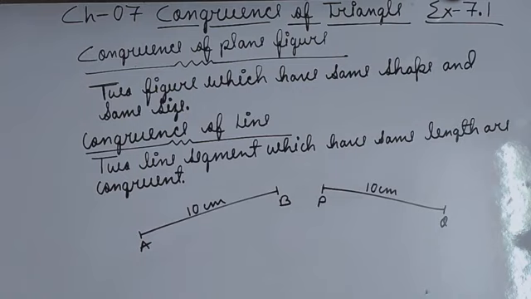I gave you examples of 10 rupees notes and coins, and of 10 rupees notes and 100 rupees notes, and why they are not congruent, while two 10 rupees notes and two 5 rupees coins are congruent.